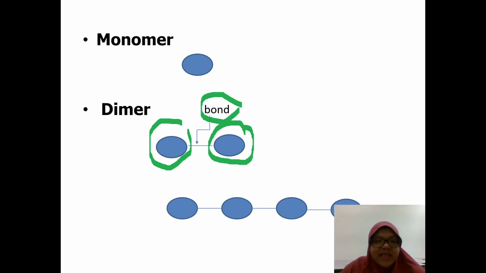For protein, the bond involved is a peptide bond. And what is a polymer? A polymer is a long chain linked by a bond, consisting of the same repetitive unit, many molecules of amino acids, as you can see in the figure here.